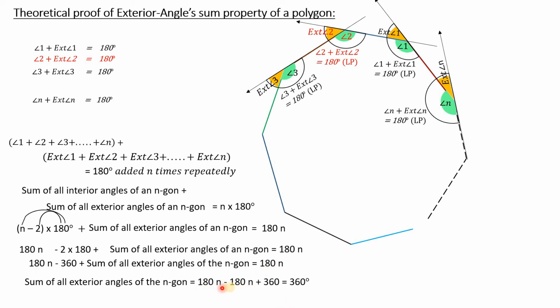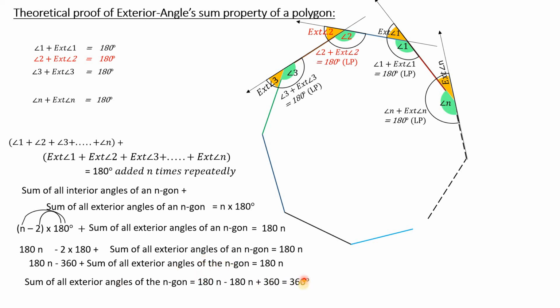There is 180n already there, minus 180n, and this negative 360 becomes positive 360. So positive 180n minus 180n cancels, and you get 360 only. So now we have proved it.